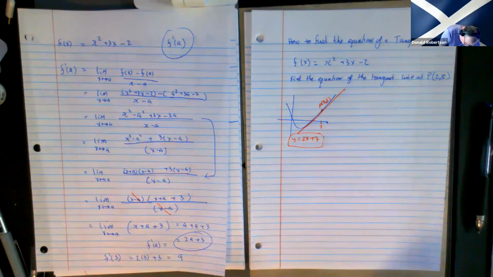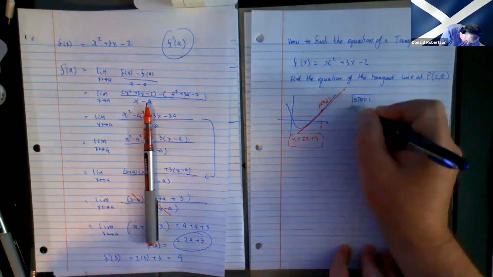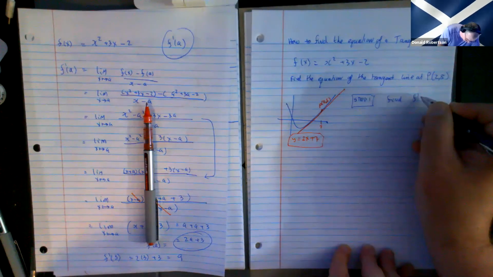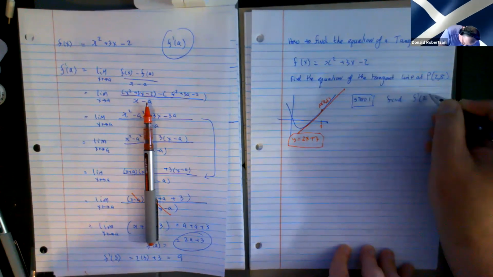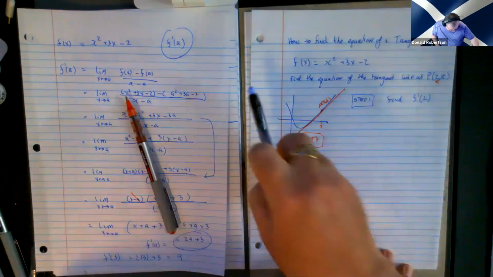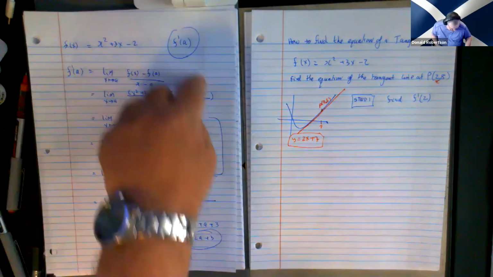Well, it's going to take only 2 steps. Step 1 is we are going to find the slope of the tangent line at x equals 2. Now, can you imagine that we did all of this hard work here and we got the answer?